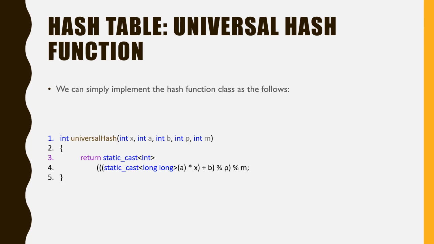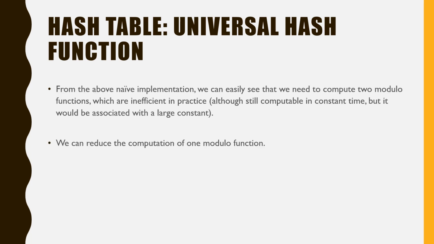Now, assume that we have determined all parameters, and we proceed with implementing the universal hash function. We can simply implement it using the code shown here. Note that we would need to cast the variable type to avoid data overflow. Other than that, it is very straightforward. However, the naive implementation has one issue.